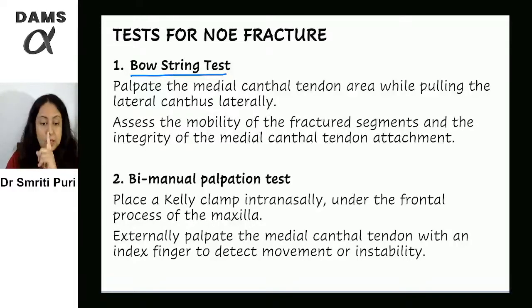With the instrument placed intranasally, you place your hand on the medial canthal tendon, and try to move this instrument laterally or push it outwards so that you can palpate any movement. If you palpate any movement, that means there is a NOE fracture.